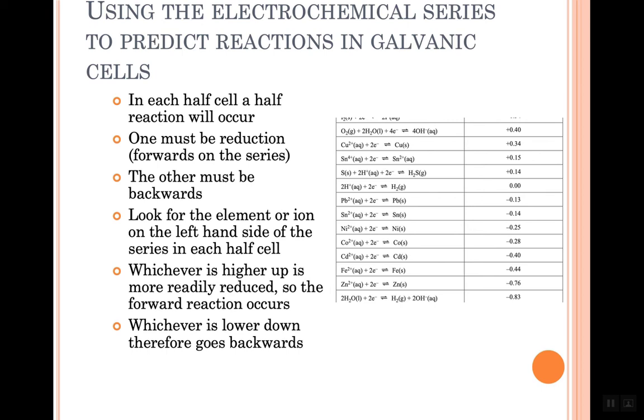That one will go forwards. Whichever one is lower down, that metal will be oxidized, so that reaction would go backwards. So highest up goes forward, lowest down goes backwards. Some people think of it as making a Z shape. Some people think of a downhill slope, but basically highest up forward, lowest down backwards.